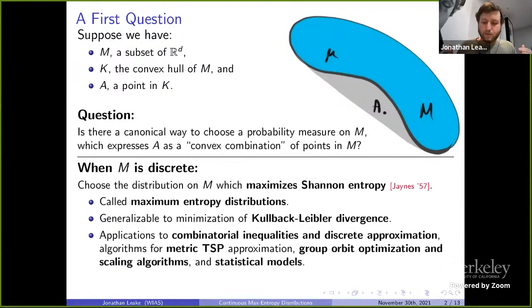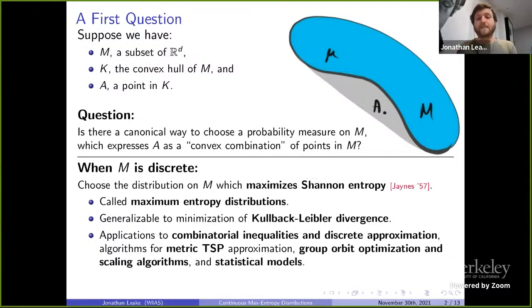But if you had a prior distribution, some extra information that you wanted to add in, instead of maximizing entropy, you could minimize relative entropy with respect to this prior distribution. But up to this detail, basically, you're still maximizing entropy. And so I'm just going to be using this term maximum entropy distributions throughout. But just know that if you have a sense of what this Kullback-Leibler divergence is, you can also minimize relative entropy with respect to some other distribution.